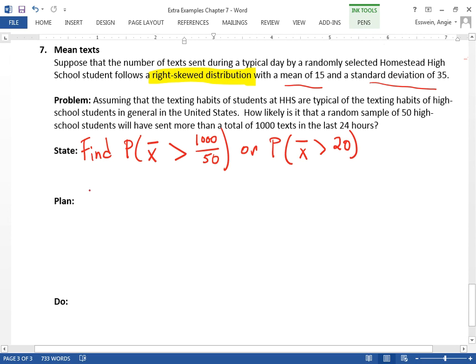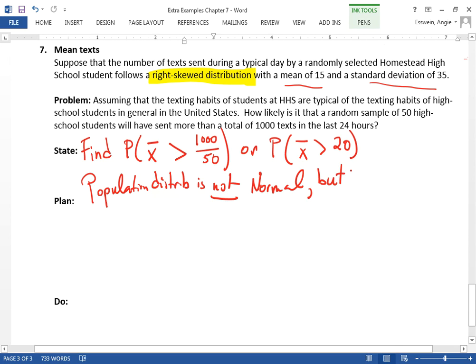So the problem is that our population distribution is not normal. So we wouldn't know what the area is, but we know what happens to the shape of the sampling distribution of X bars, because by the central limit theorem, which you may always abbreviate as CLT, since n, the sample size, is large, which specifically for the theorem means it's greater than 30.